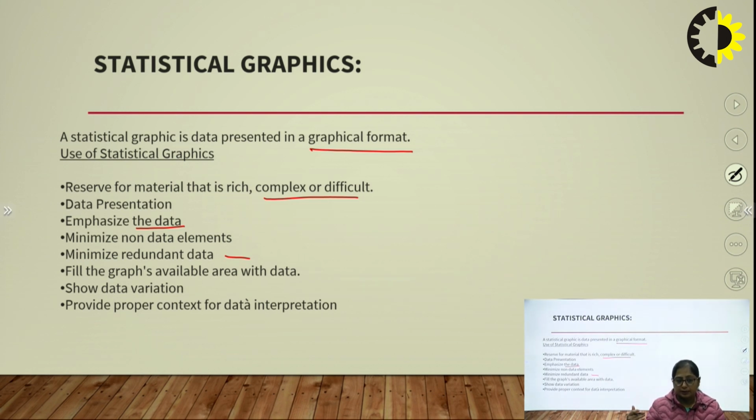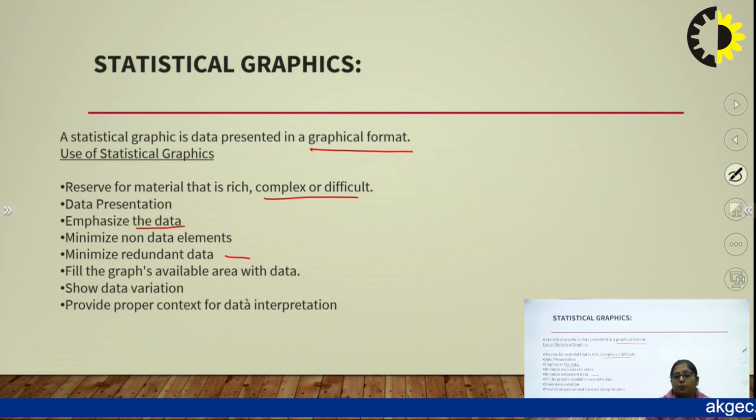In the coming slides we discuss how we differentiate between them. Show data variations. As I told, because there is a large amount of data, we have to show the data variation, so we go for the statistical graph. Next is to provide proper context for data interpretation.